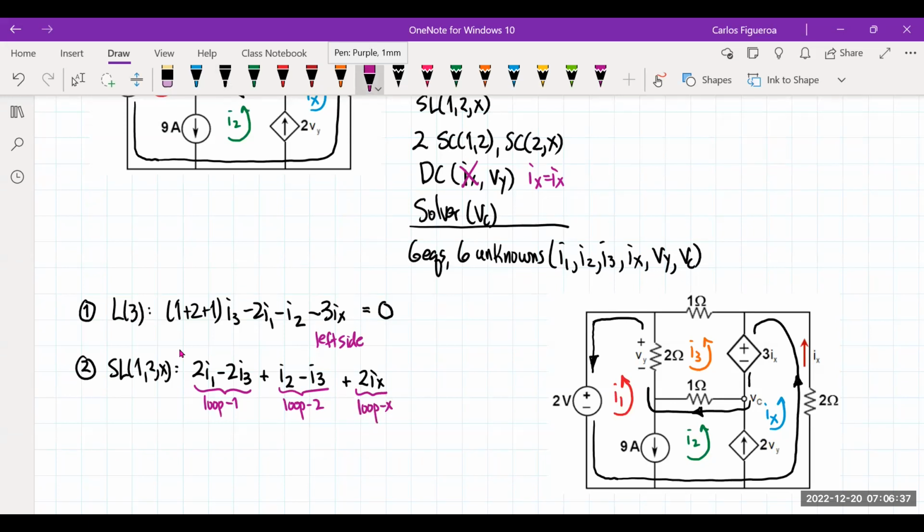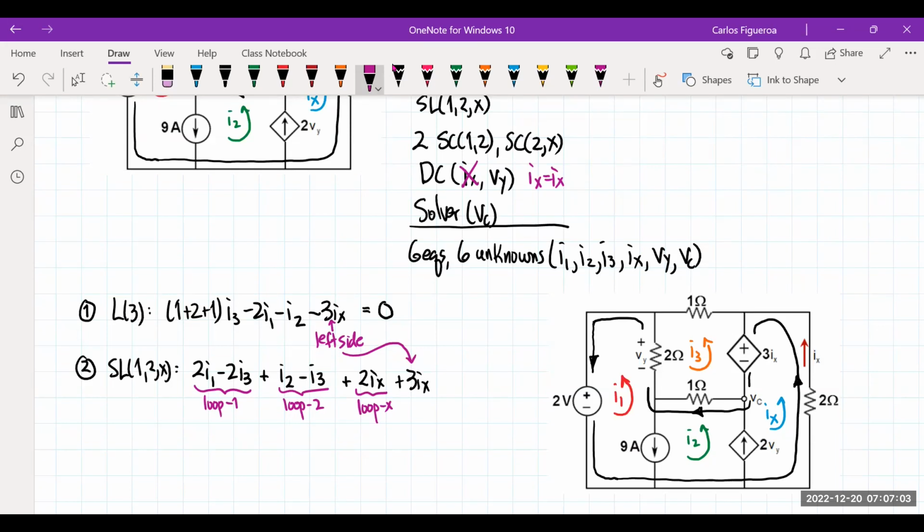So now let's go around the loop. If I come here, look what I'm seeing. Note that as I go around the loop, I get to the 3IX. That gives me positive 3IX. Again, I want to keep my dependent sources on the right.